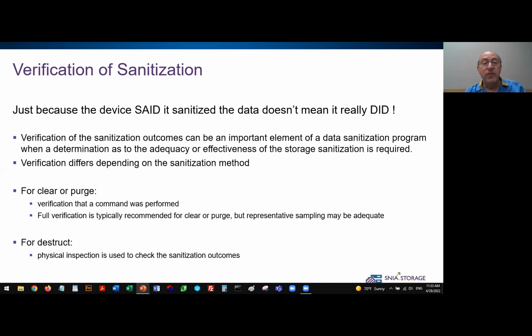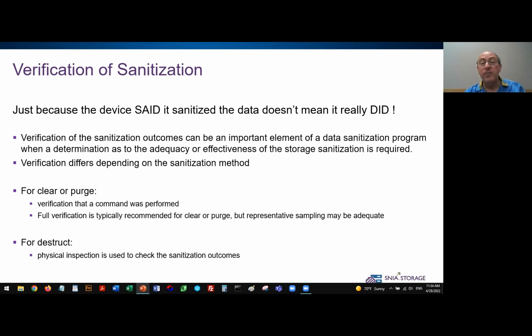Short talk about verification. Just because the device said it sanitized, it doesn't mean it really did. You might have a hard drive with a write head that acts as if it's writing, but didn't actually write, or didn't write with sufficient strength to overwrite what was previously there. You might have firmware that has bugs in it so that it thought it sanitized the data, but it didn't.